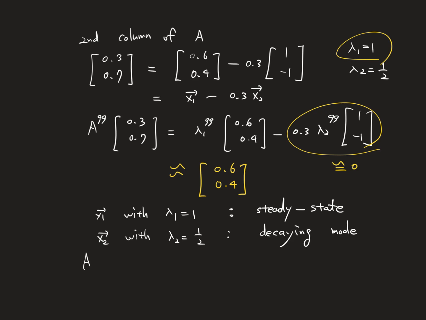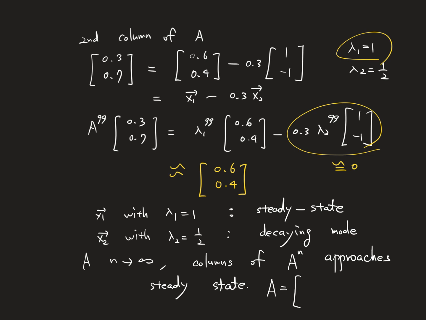So as n goes to infinity, columns of A to the n approach the steady state. And A is called a Markov matrix because A is 0.8, 0.2, and 0.3, 0.7.